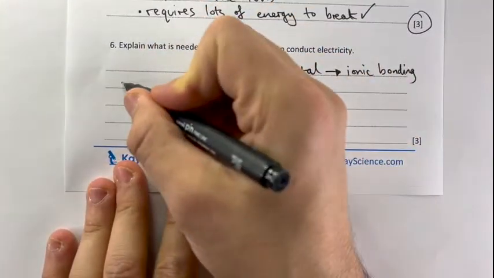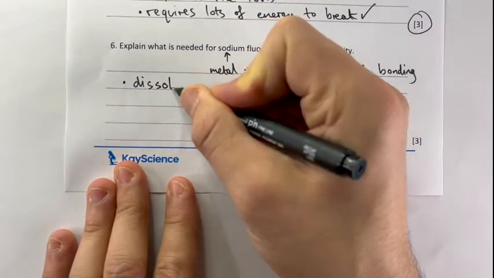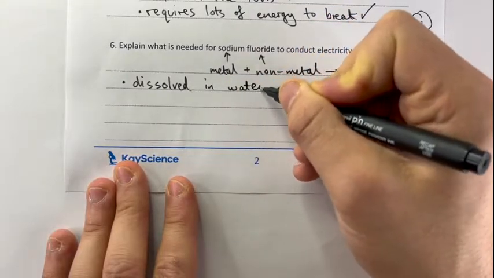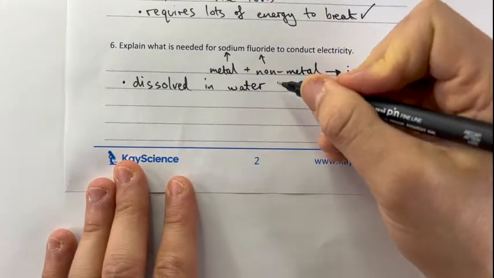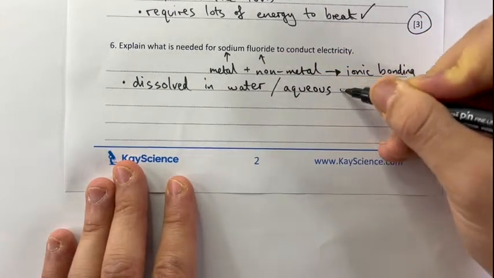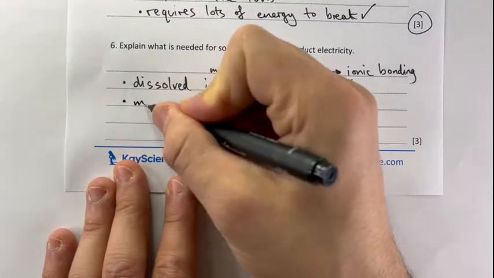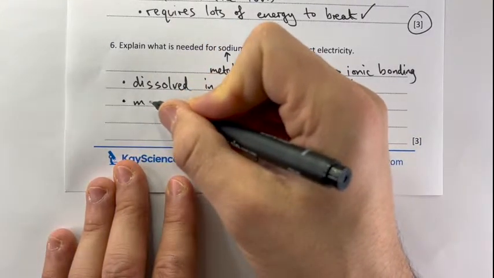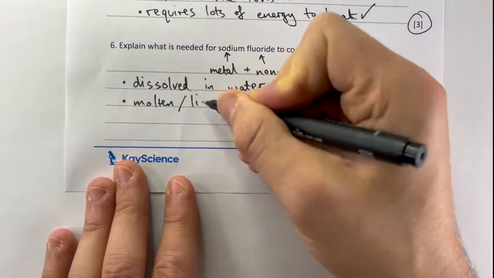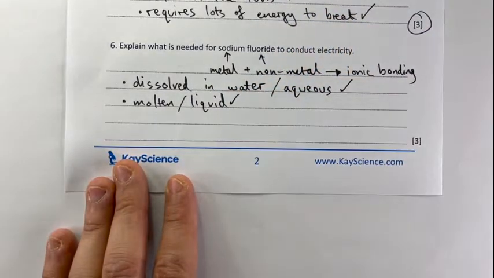You need to say that the sodium fluoride needs to be dissolved in water, okay, or aqueous. If you said the word aqueous, I'll give you a mark, I'll tick that. Or if we decided to melt the ionic compound so that we made it molten or liquid, put that in a sentence, I'm marking it.